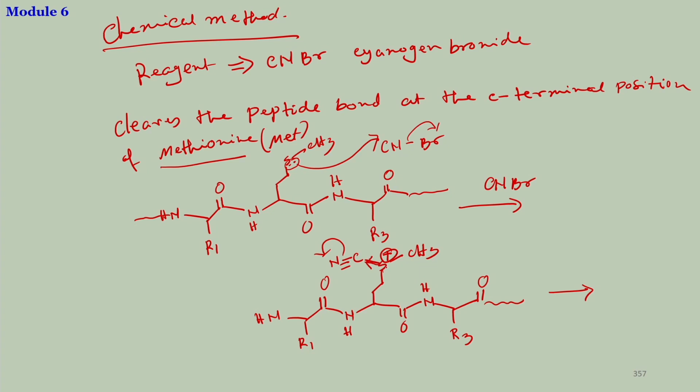That makes the sulfur even more electropositive, even more electron deficient. It has already a plus charge, and because of the cyanide's electron withdrawing effect, the positive charge density would be higher here. So, this whole thing becomes a very good leaving group.